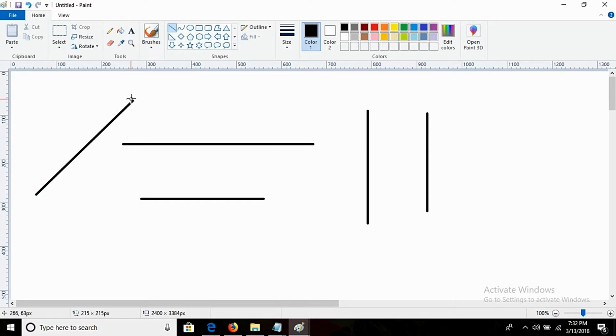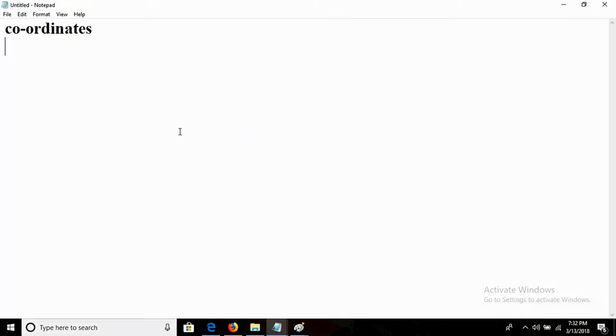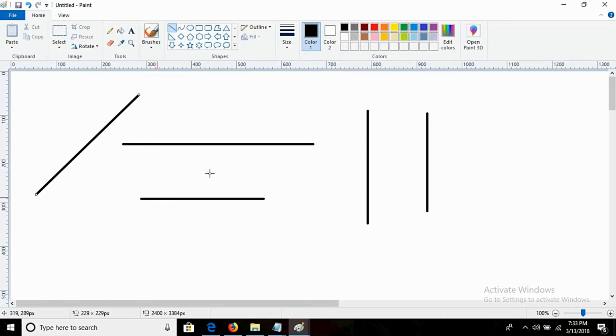If you draw any cross line, the cross line also has some angle. But coming to polar, what happens? Suppose we take the same example. I take one more line here. The line started from here, so I made that line.